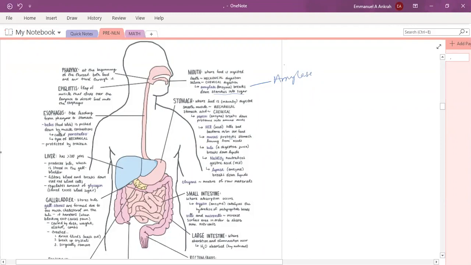The bolus is the ball of food that the tongue rolls and mixes with the saliva. It's pushed down the esophagus with snake-like movements, the contractions and relaxation of the muscles that push the food down. That's what we call peristalsis.